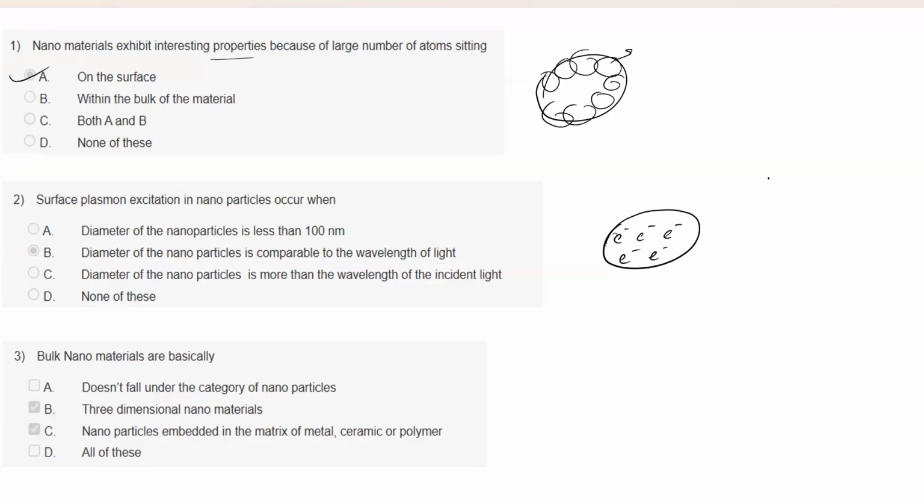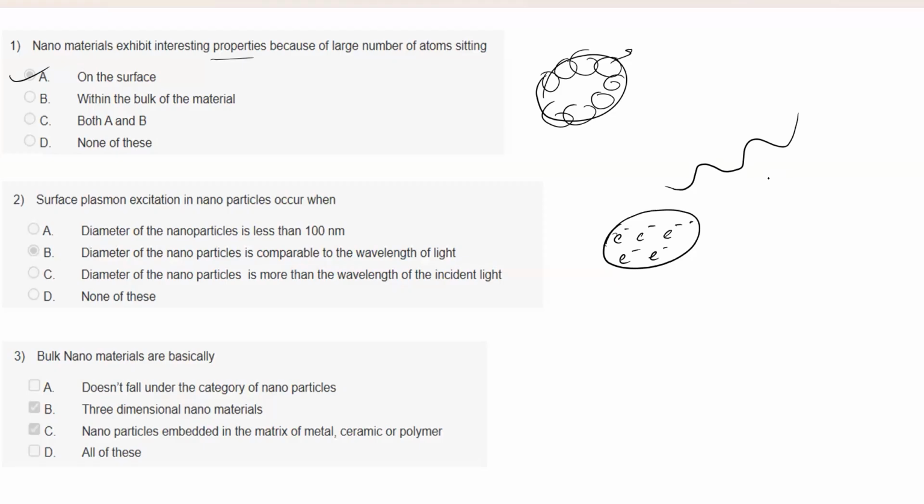When an electromagnetic wave passes close to this nanoparticle, these free electrons oscillate on the surface of the nanoparticle.